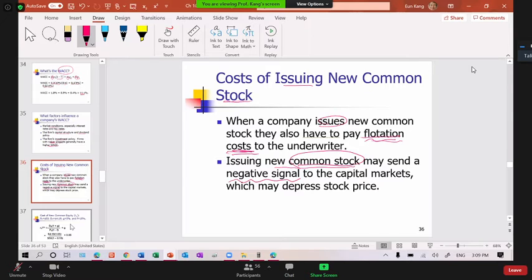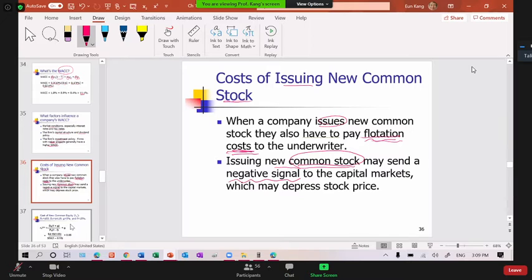Because if their stock is undervalued, for example, they probably won't issue new shares, right? If they issue new shares when it's undervalued, they get less than the right price. So they probably won't issue shares. They issue shares whether the price is right or their stock is overvalued.